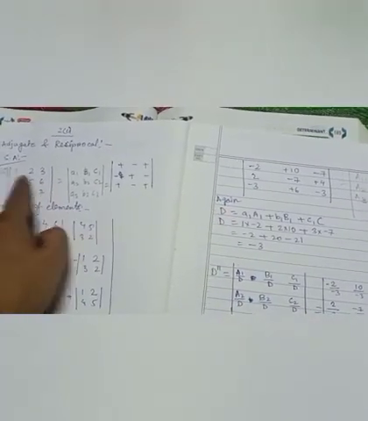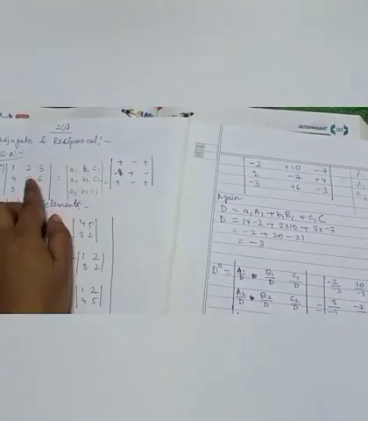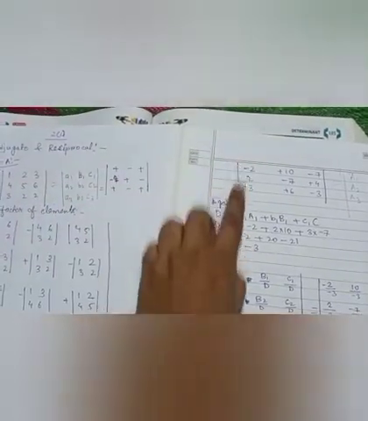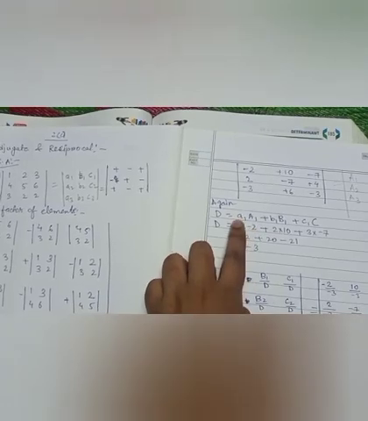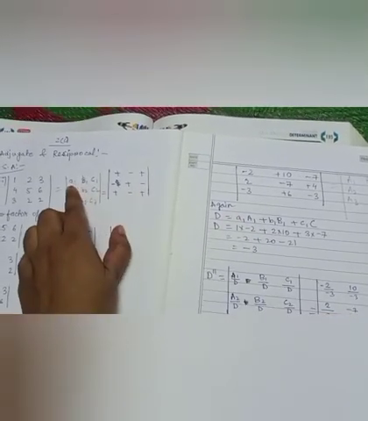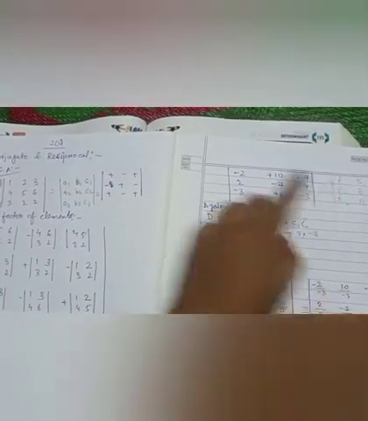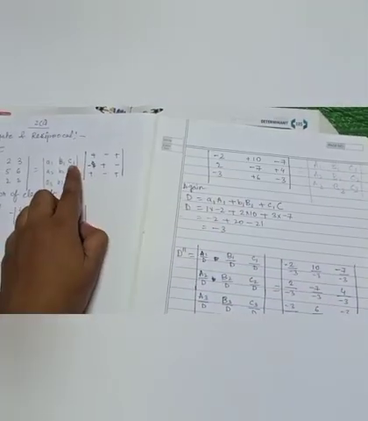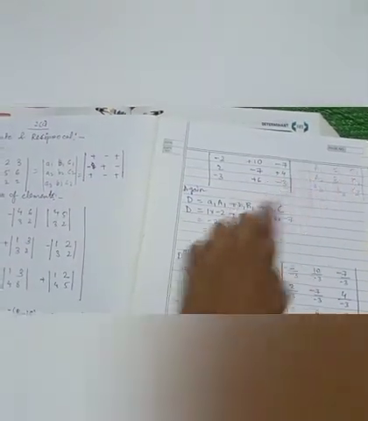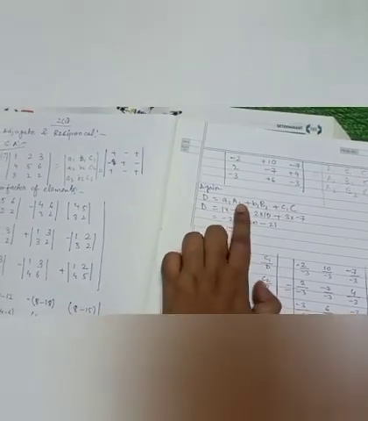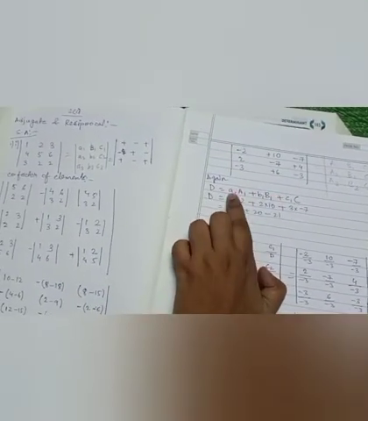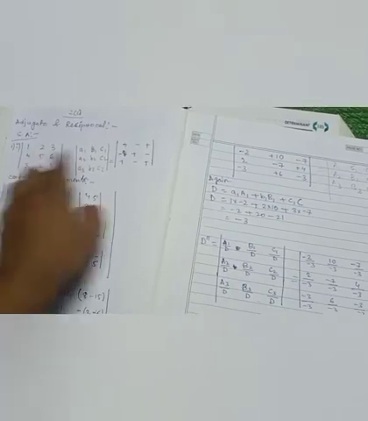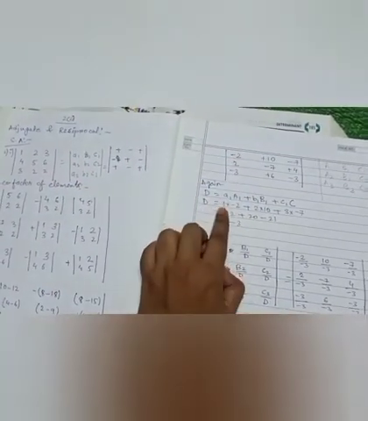First element will multiply with first element, means 1 will multiply with minus 2. See, small a1 multiplies with capital A1, small b1 multiplies with capital B1, and small c1 will multiply with capital C1. I have written the formula here, and in between that you will give the plus sign. So small a1 is 1 and capital A1 is minus 2, that is why I am writing.